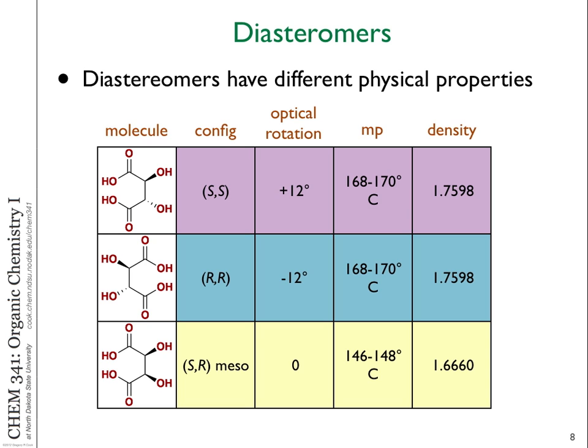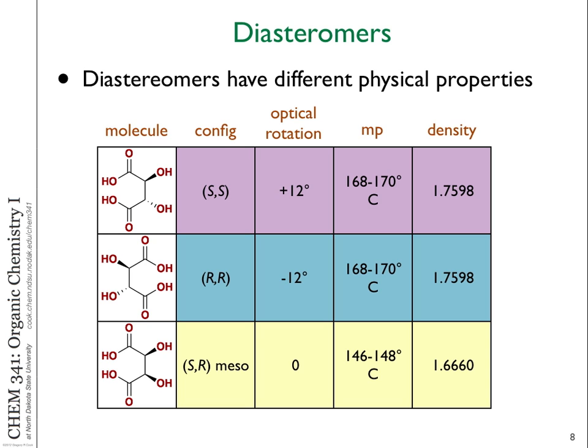So if you take a look at these isomers of tartaric acid that we've been talking about, what I have here is the tartaric acid with SS configuration. Here it's RR configuration. And here is the SR configuration.